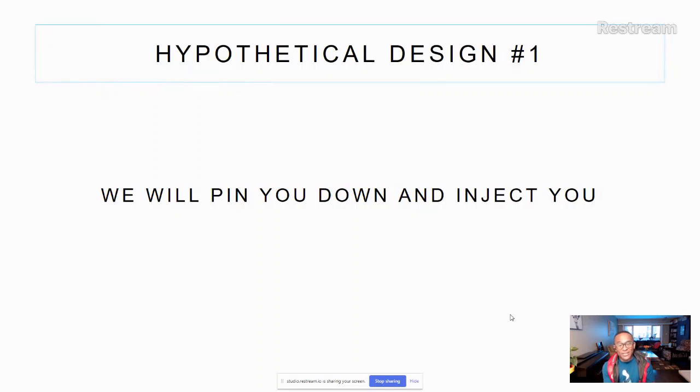It will succeed because this is likely to be viewed as grossly disproportionate to achieving what they want to achieve. It might also be viewed as arbitrary, to be honest. It just doesn't make sense to be running around pinning people down and injecting them forcibly. There are better ways and better designs. Many other ways you could do this. But that's one way it could be done.